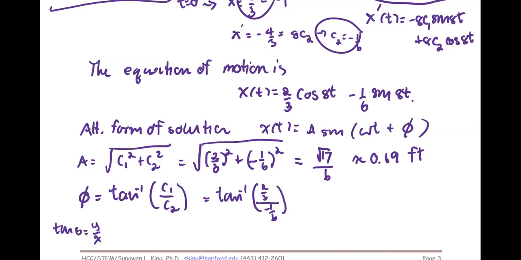For our case, the numerator of the argument is positive and the denominator is negative. The y is positive, the x is negative, so it's going to be in quadrant 2. That's the sensitive part that I was talking about.